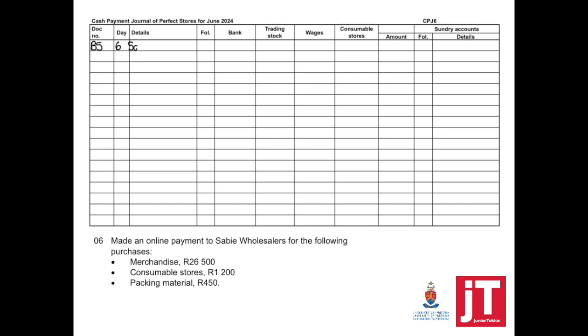So to approach this, I start with the source document bank statement on day 6, from who did we purchase, and now what did we purchase. Merchandise is always shown as trading stock. We purchase consumable stores and then packing material. In total, now we need to add all of that. We made a payment of 28,150.